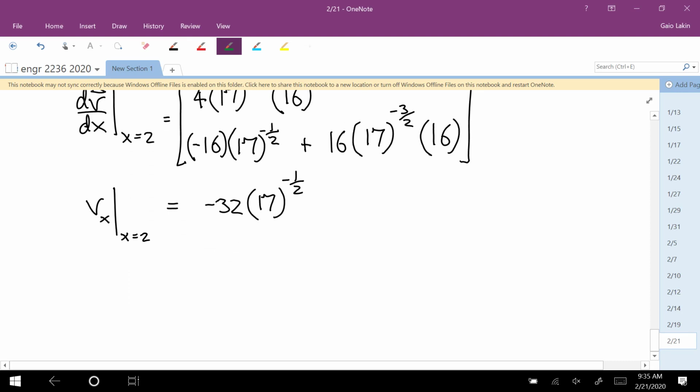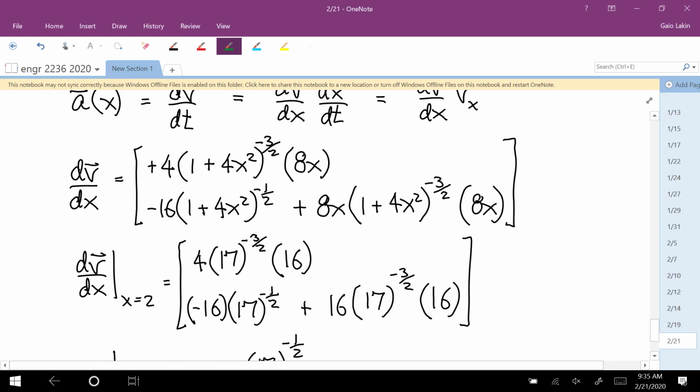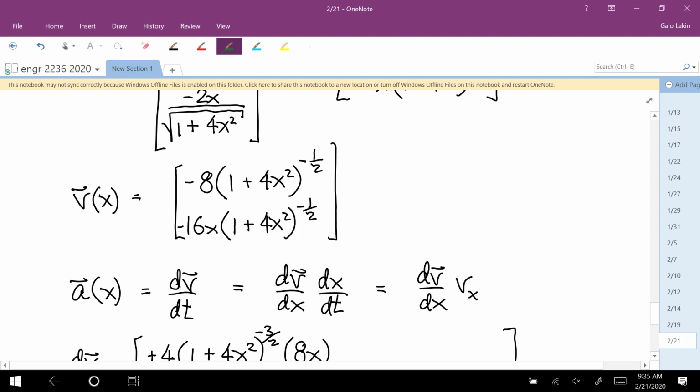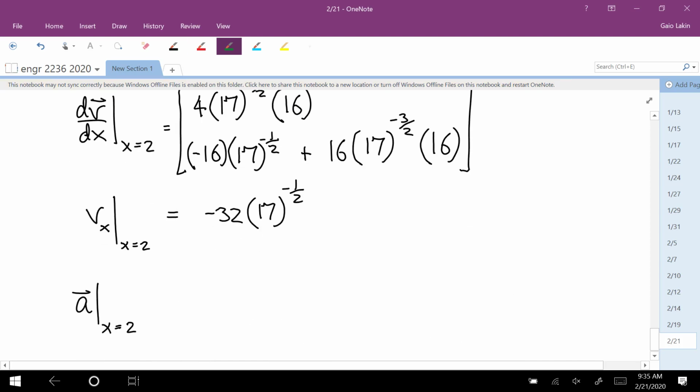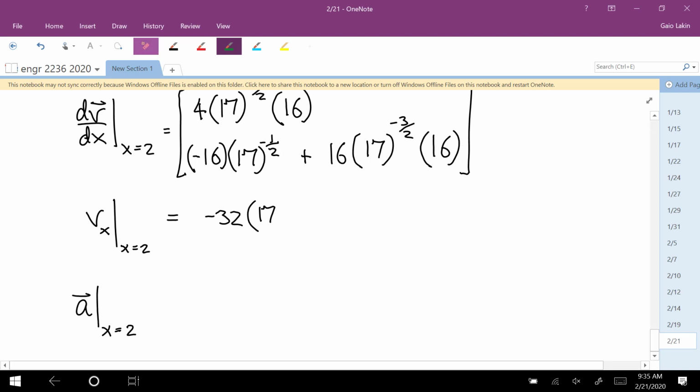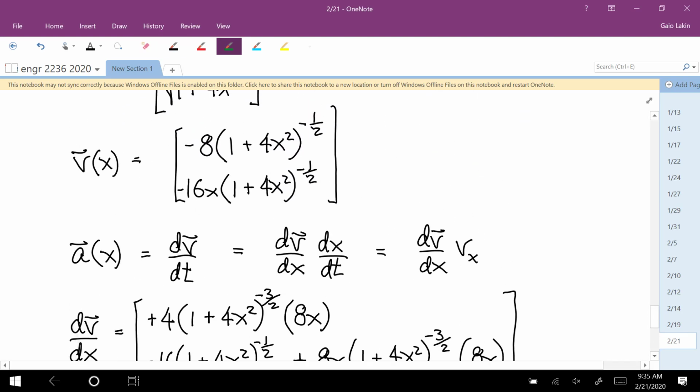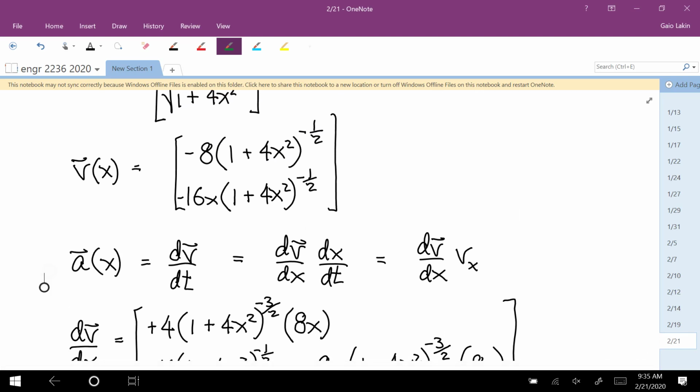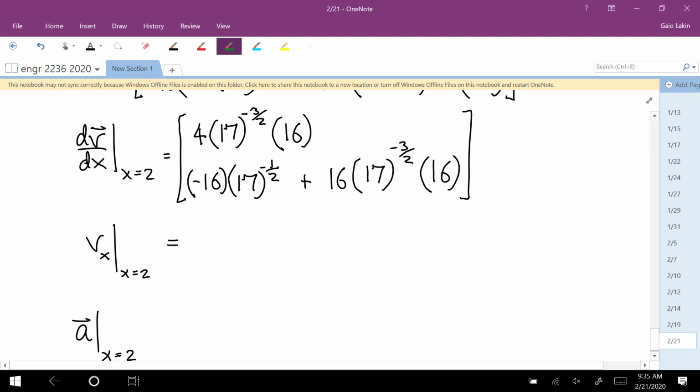And so multiply these together and you get the acceleration vector at x equals 2. I went back to the velocity function. Oh, I did the y value, yep. So negative 8 times 17 to the minus 1 half.